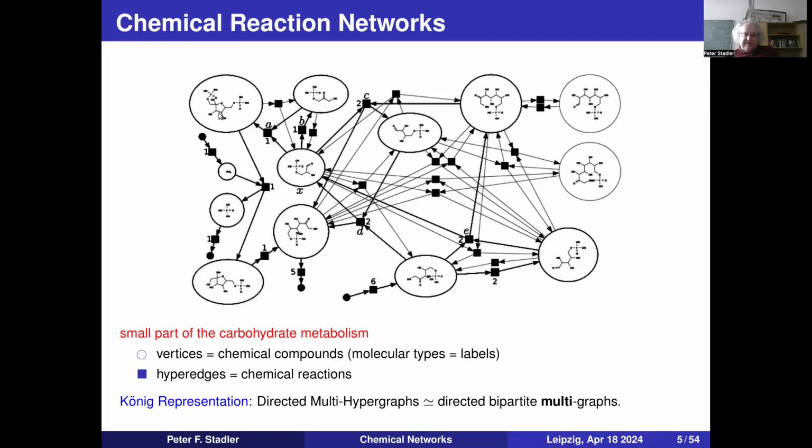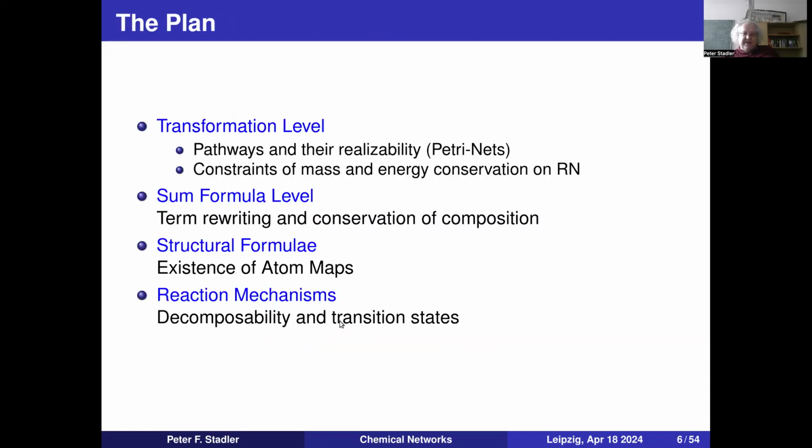So in the first case, we will just think of these molecules as simple labels. They are just more complicated than calling them A, B, C, but we don't care what their internal structure is. But we actually might care, depending on the description that we want to use. So summarizing that again, we have a level of transformation. We have a level which is a completely formal way of moving around stuff, which we can think of as a variant of Petri nets if we want.